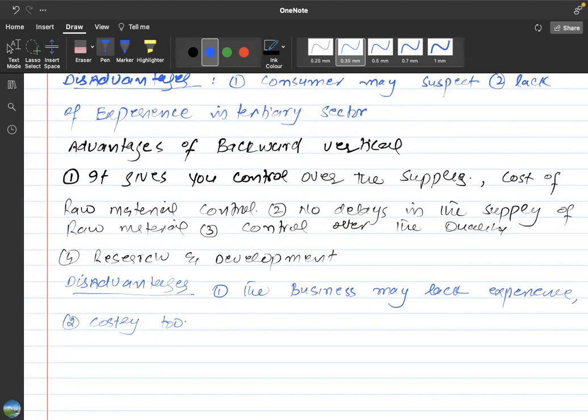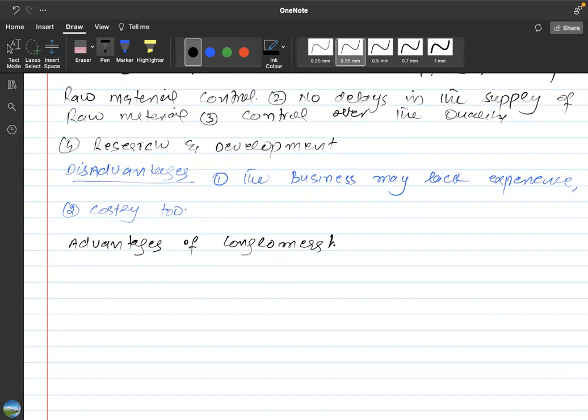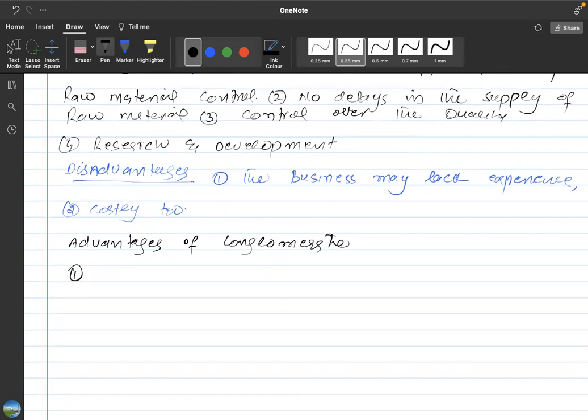Then we have the conglomerate integrations. The advantages of conglomerate. Conglomerate was related to diversification, when businesses are integrating with a completely different industry. The first advantage that we obtain out of the conglomerate is that it diversifies the business.